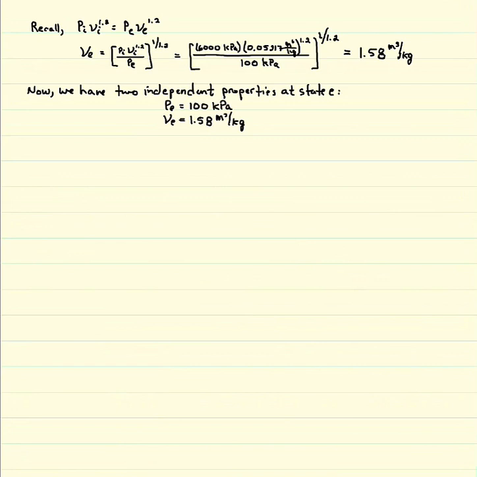And now we need to use these two pieces of information, the exit pressure and the exit specific volume, to determine our exit temperature.